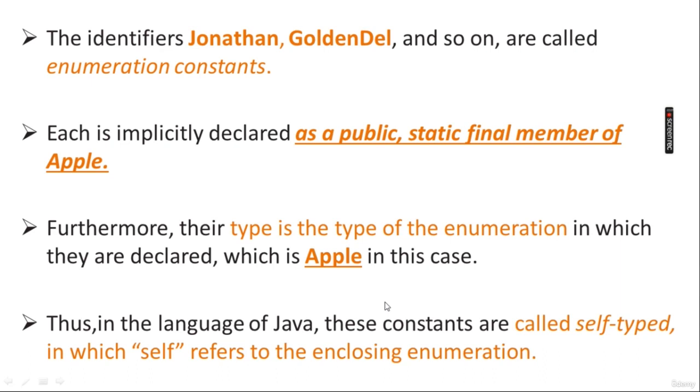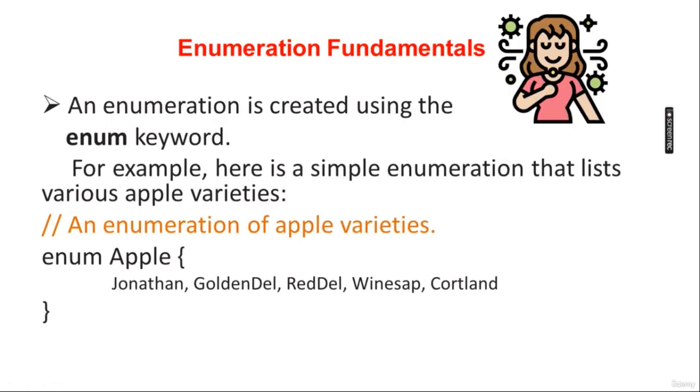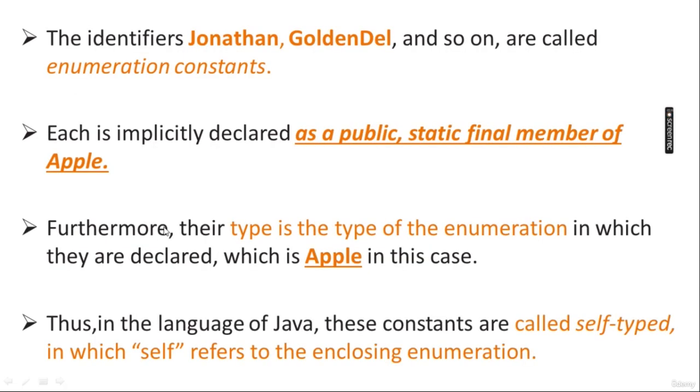The type is the type of the enumeration in which they are declared, which is Apple in this case. Whatever name you give to the enumeration, all its constants will be of that type only. So in this case, Jonathan, GoldenDel, RedDel, Winesap, and Cortland are constants of type Apple. Thus, in the language of Java, these constants are called self-typed, in which self refers to the enclosing enumeration.